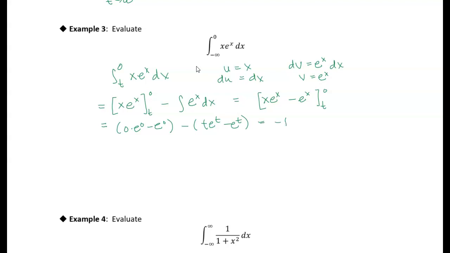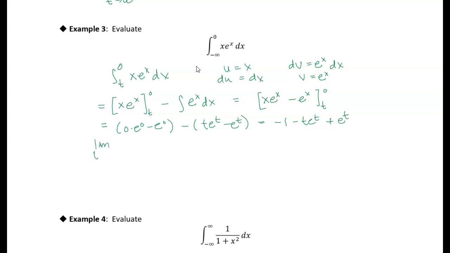And then we have this minus t e to the t, and then we're going to have plus e to the t. All right, so now we've evaluated the integral at t.